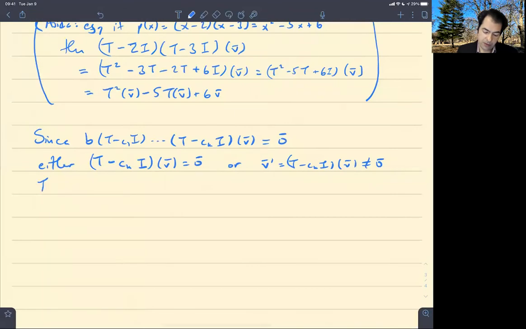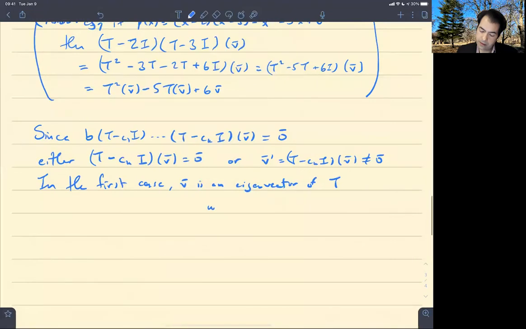In the first case, v is an eigenvector of T with eigenvalue lambda.